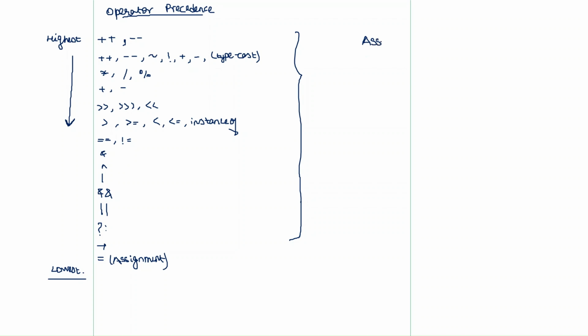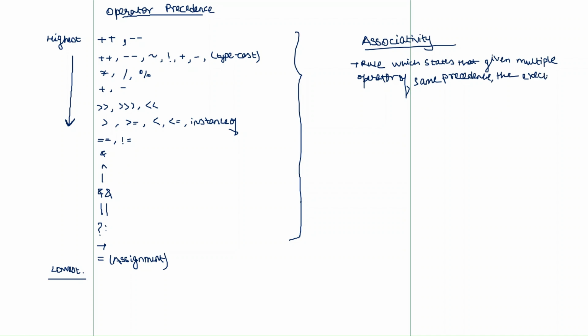There is something known as associativity. Now this is a rule which states that, given multiple operators of the same precedence, the execution for the expression will be either from left to right or from right to left.